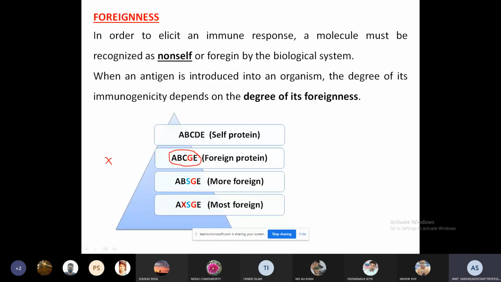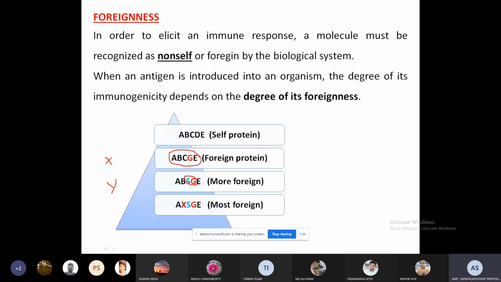Now another organism Y came, and it has a protein with amino acid combination A, B, S, G, E. Here you can see 2 amino acids got replaced, S and G instead of C and D. So it is a little bit more foreign. There is a chance that our immune system will be able to recognize that this is a foreign protein.